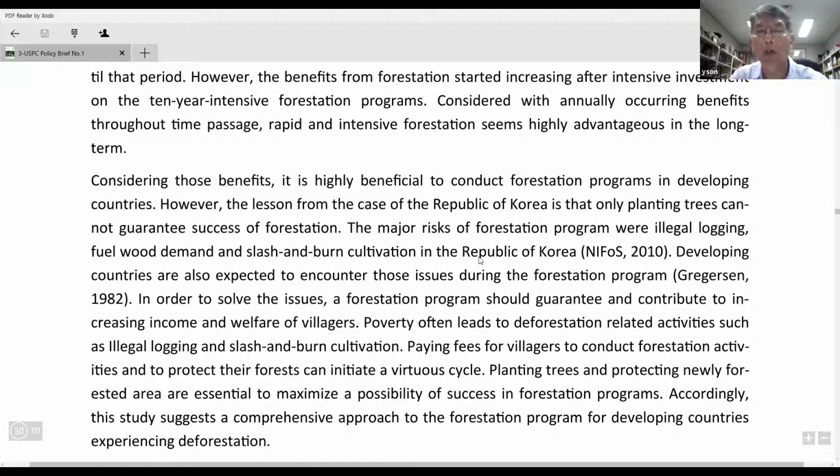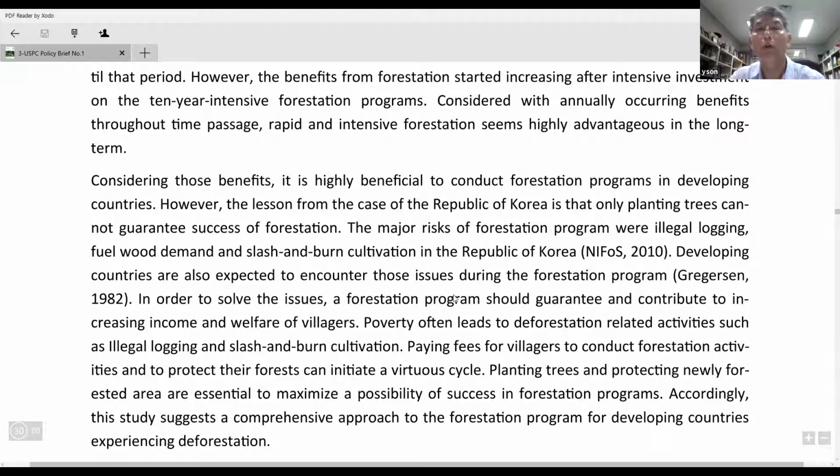It happened in Korea. Similar things would happen in Tajikistan: illegal logging, fuel wood gathering, and shift cultivation, agriculture. I would say that it will be the same in Tajikistan. So developing countries are also expected to encounter those issues during reforestation.